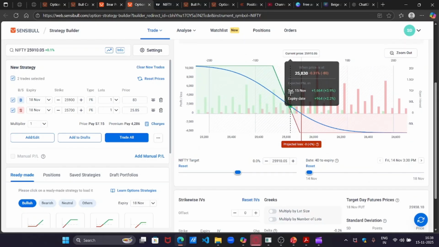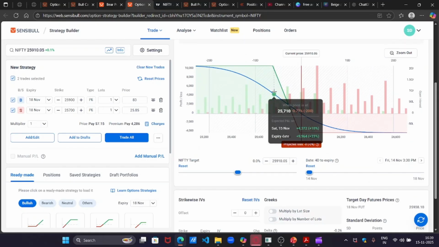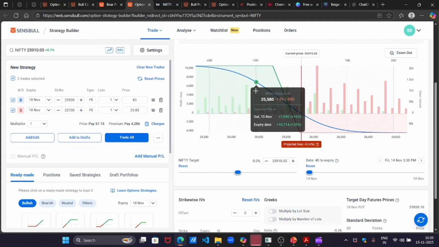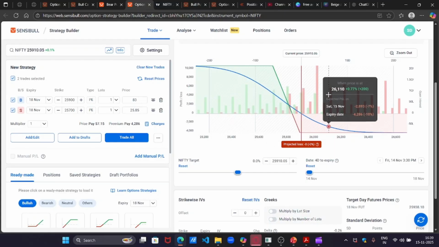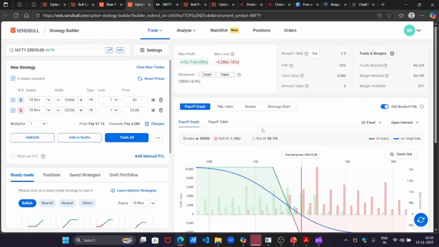It starts making profit from 830 only. So if it closes above 25,700, I'll make this 25% profit, and I will lose only 10% in this trade. But the probability of profit is less here.